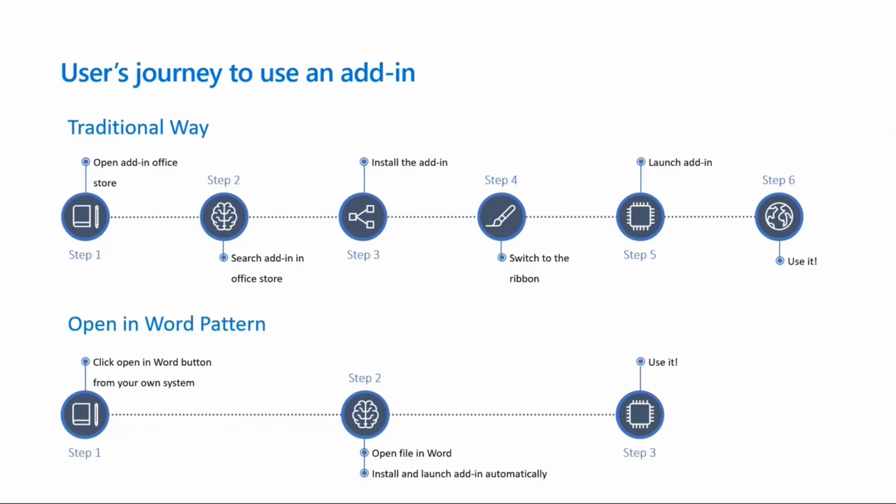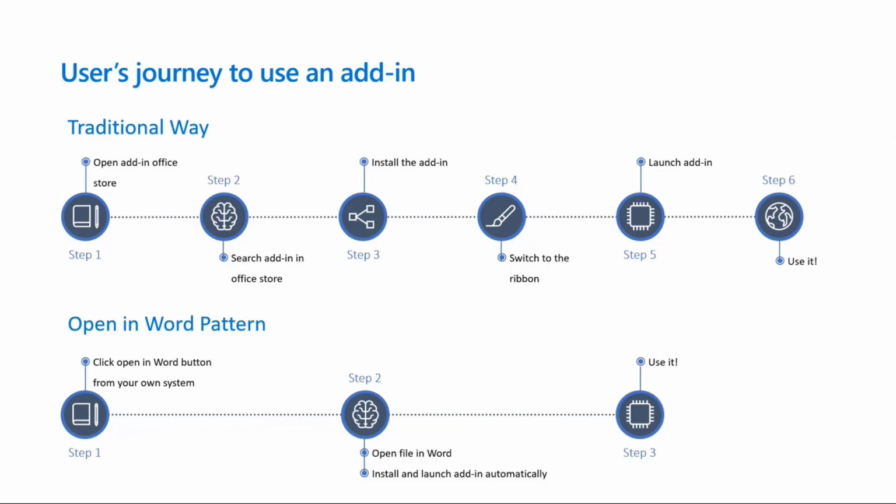So you can see there is a long path for a user to start to install and use the add-in. However, there is another pattern: we have an existing technology that allows the user to open the add-in directly when the document is opened.